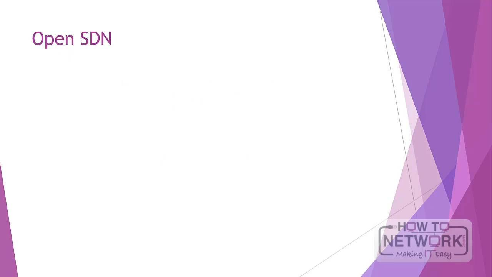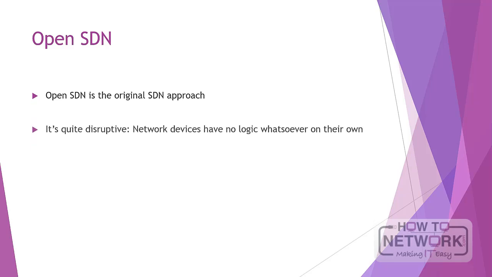So I spoke about the purest form of SDN before, and that is called OpenSDN. It's the original way to implement SDN. It is very disruptive. As I said, network devices have no logic of their own, and there have been very successful deployments of this at very large corporate levels.